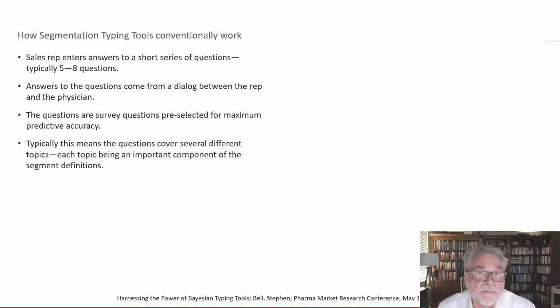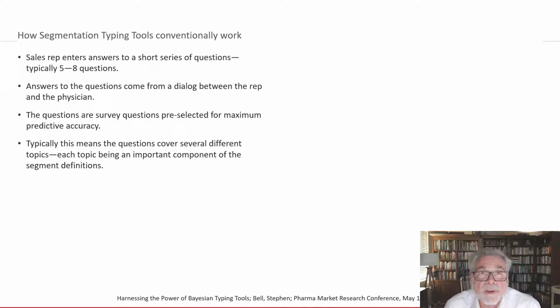Why would it be as many as 5 to 8 questions? Well, usually the segmentation covers several components, one component possibly being behaviors, another component possibly being attitudes, another being perceptions, who knows? But there's usually more than one component to the segmentation.